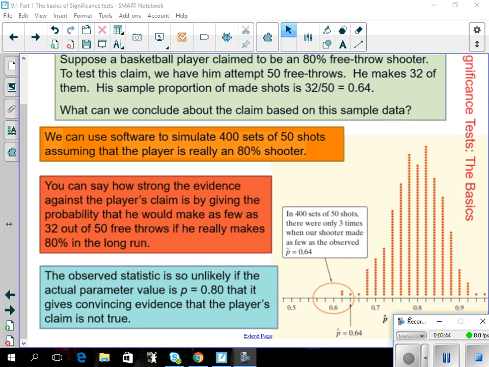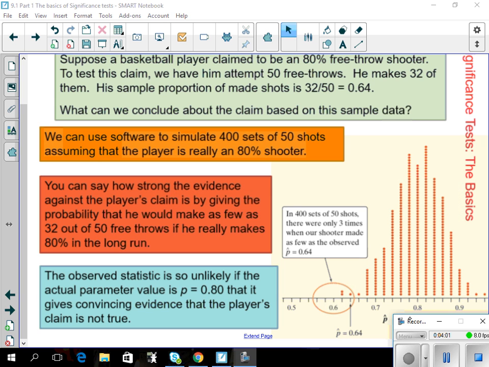It is normally distributed. It's unimodal and symmetric, a normal shape. We have a p of 0.8 being our center, correct? We could talk about what the standard deviation was, etc.